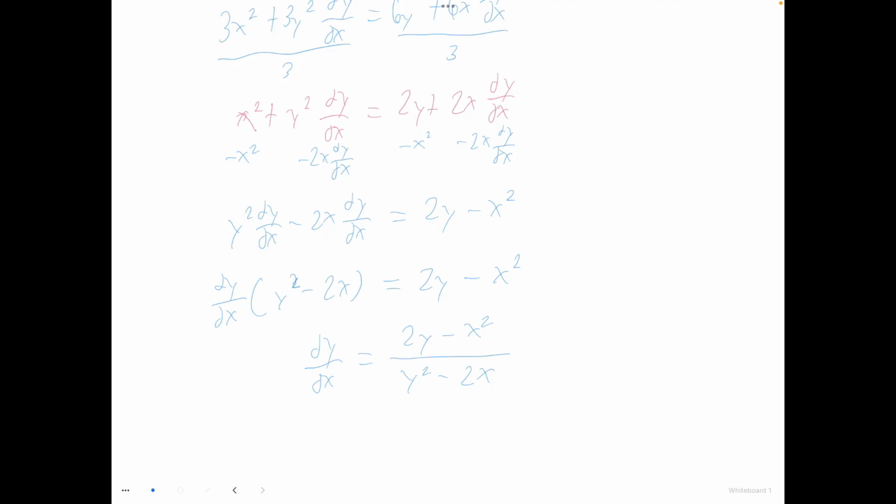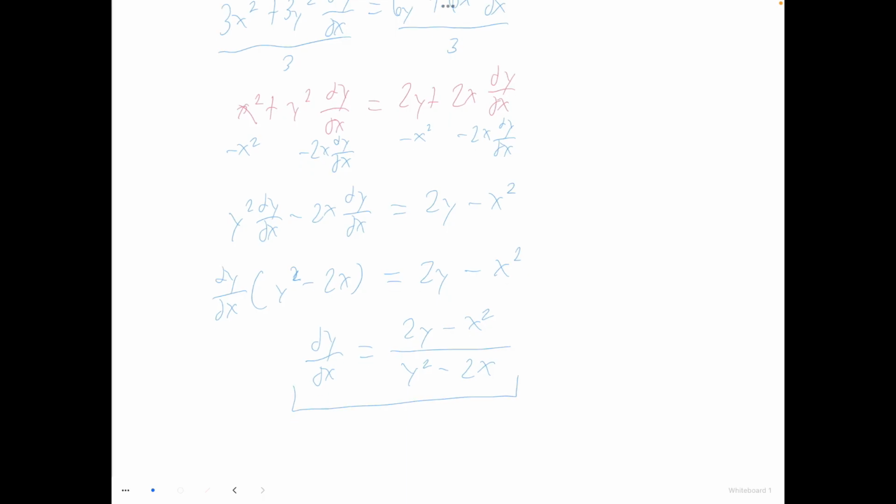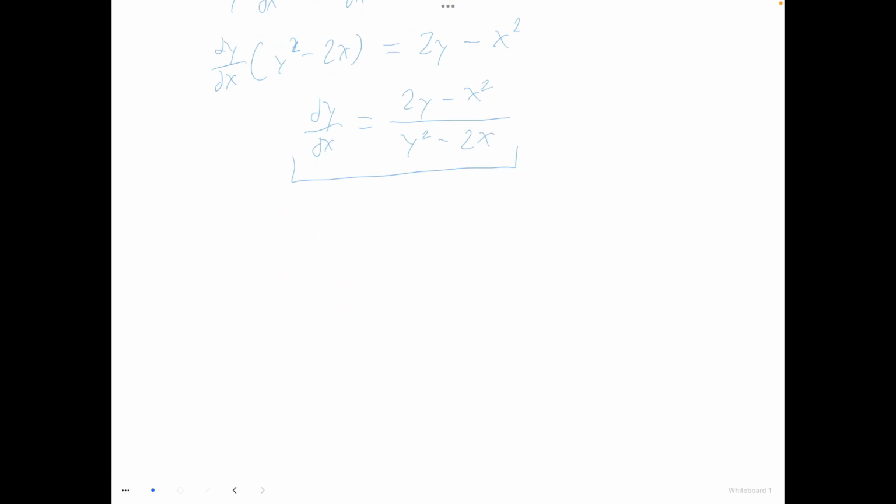So we have found the derivative of our equation, but we wanted to know when we have a horizontal tangent line. And so, in other words, we want to know when this is equal to 0. And so we're going to set this equal to 0. So we have dy over dx equals 0.